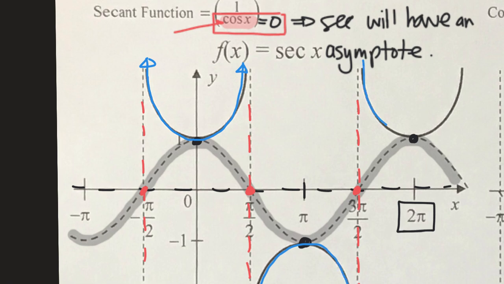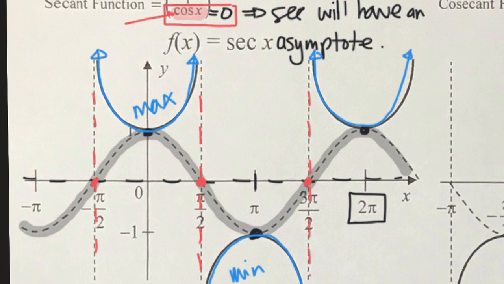So the other points that we're going to find from our cosine graph are the maxes and the mins. From a max, our graph goes up. From a minimum, our graph goes down. Okay? So graphing sine and cosine are an important part of being able to graph secant and cosecant.